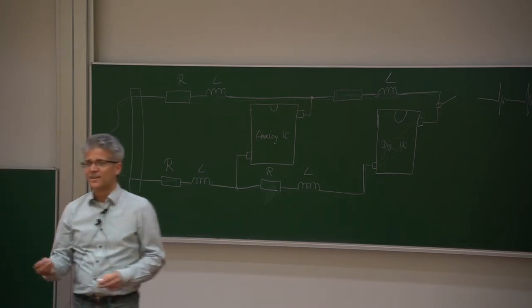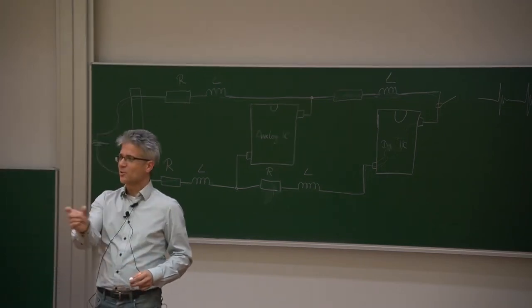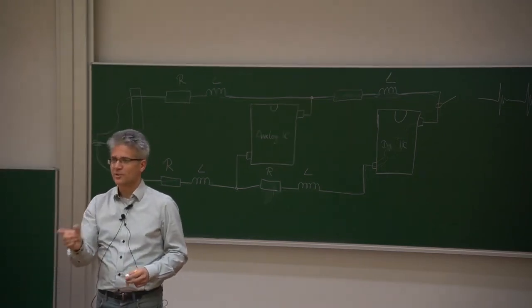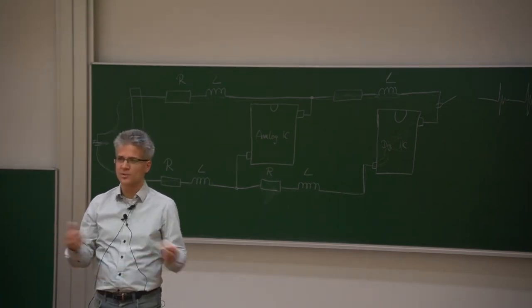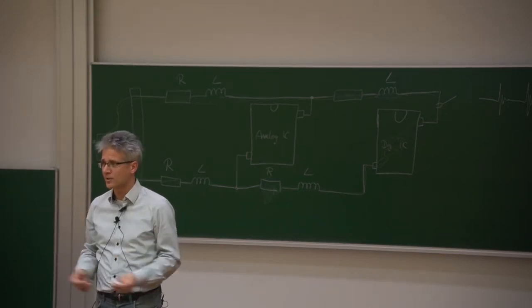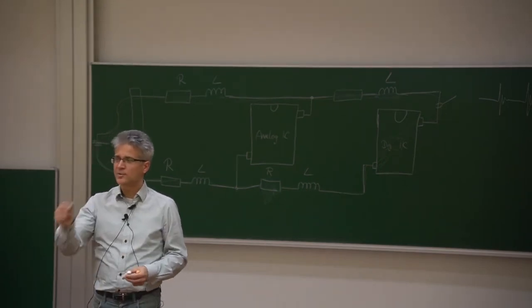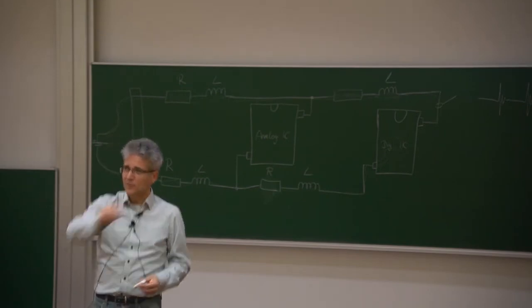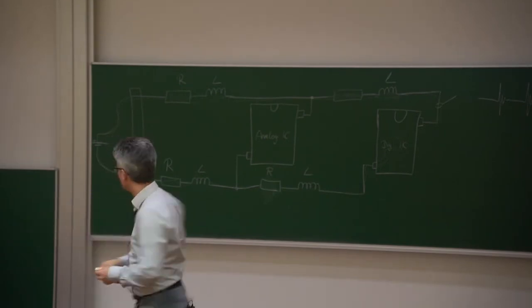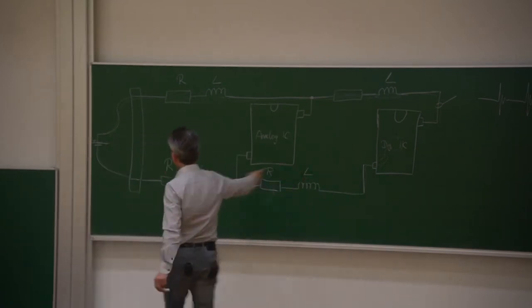So just a sentence that 1 centimeter of printed circuit board trace has a certain inductance is completely stupid, because 1 centimeter of printed circuit board trace or 1 centimeter of bond wire doesn't have any kind of inductance. Only if this printed circuit board trace or the bond wire is connected in a loop. And here we have a very big loop.